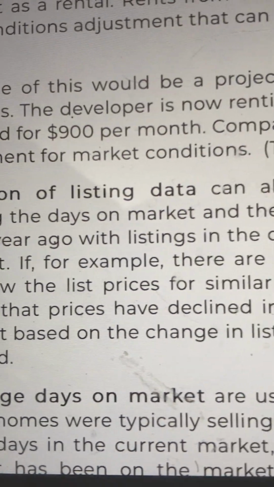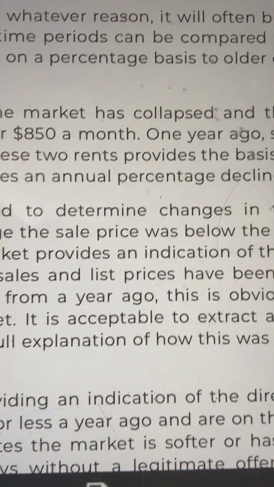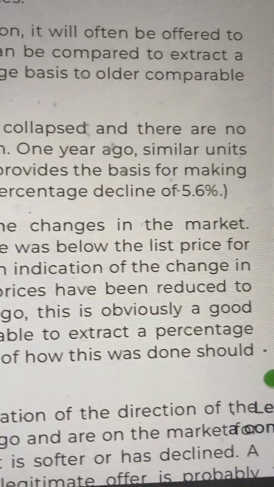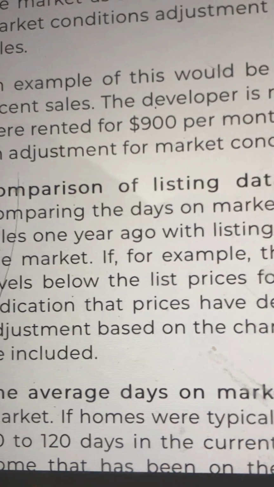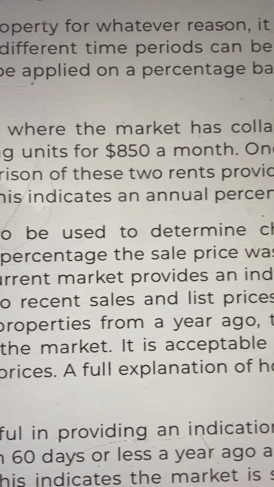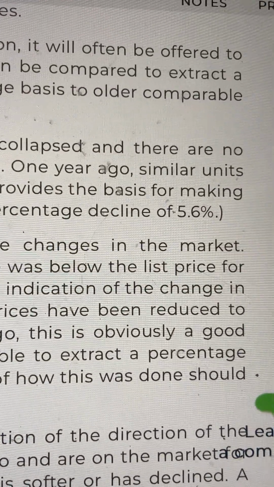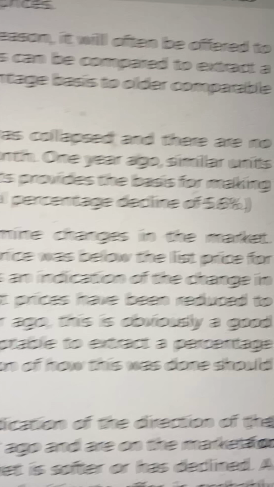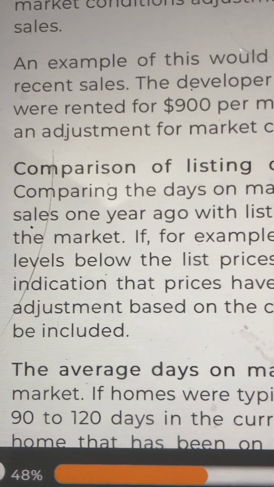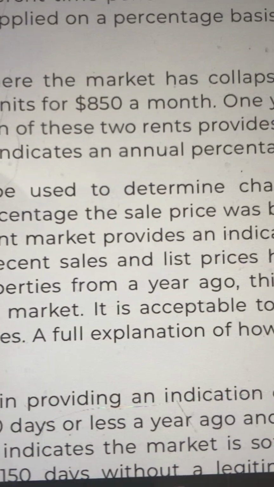If, for example, there are no recent sales and list prices have been reduced to levels below the list prices for similar properties from a year ago, this is obviously a good indication that prices have declined in the market.